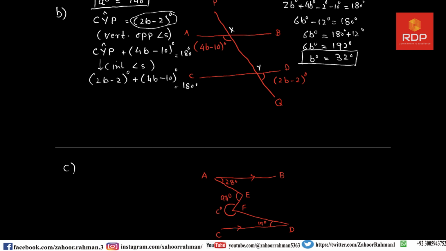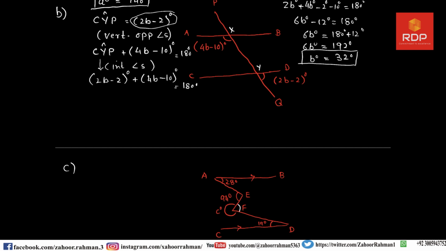So, first of all, we have to find only the value of this C, and you must know that this C degree is a reflex angle. So by finding this portion, we can subtract it from 360 degrees, and then we will be able to find the value of C degrees.